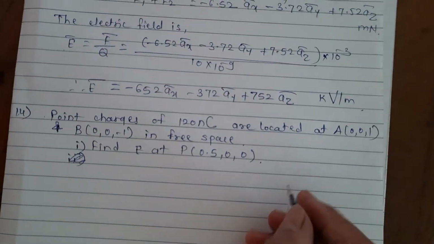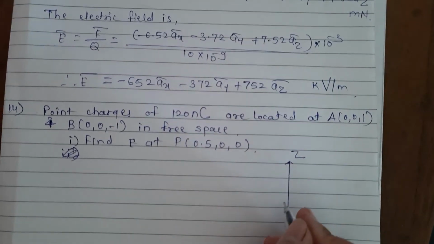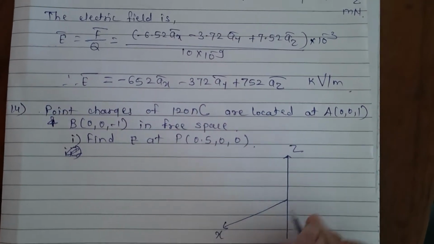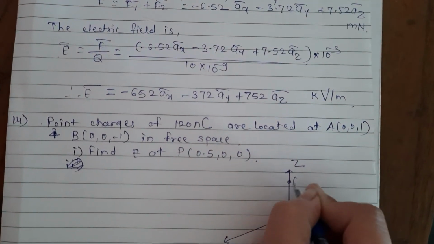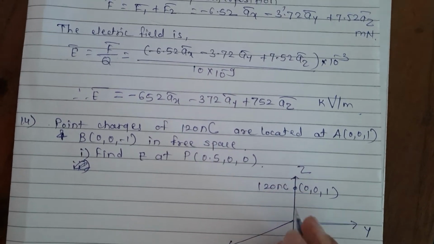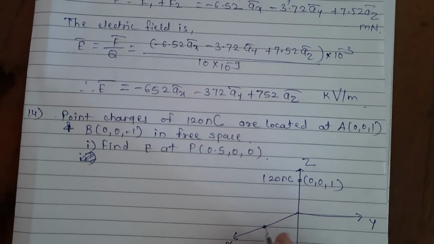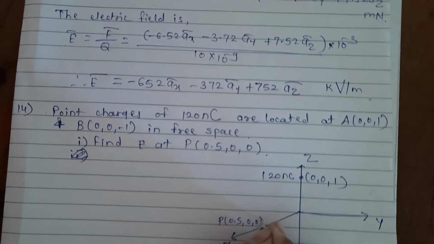So for that first we draw the diagram. This is Z, this is X, this is Y. So this point is 0 0 1, 120 nanocoulomb. This point is P 0.5 0 0.